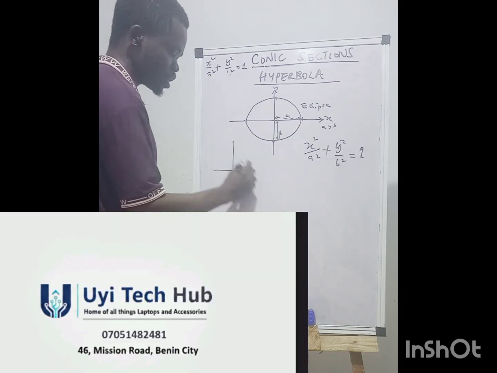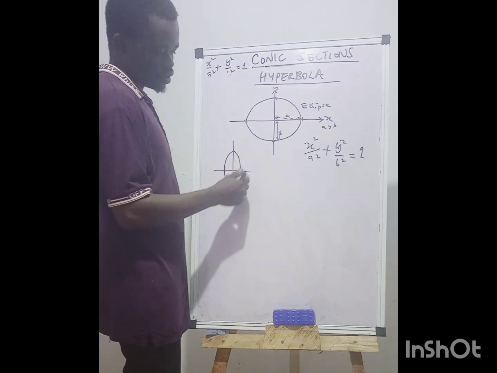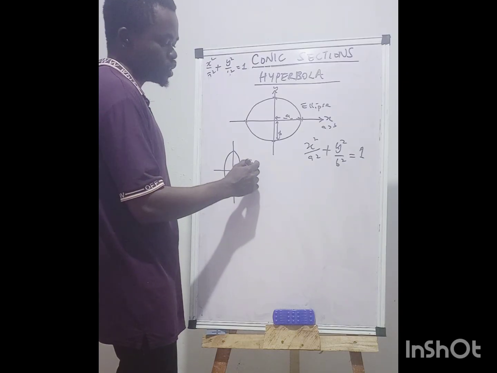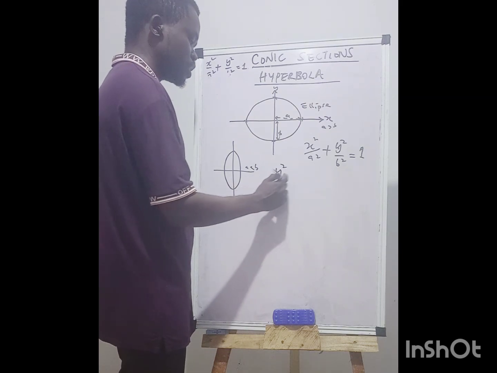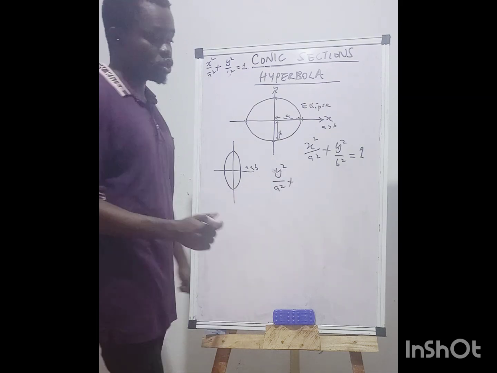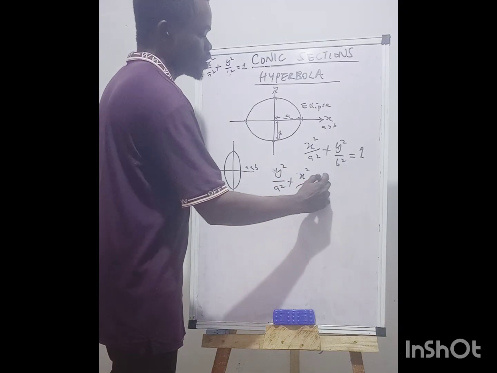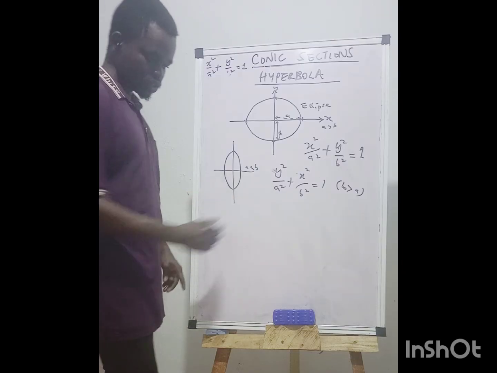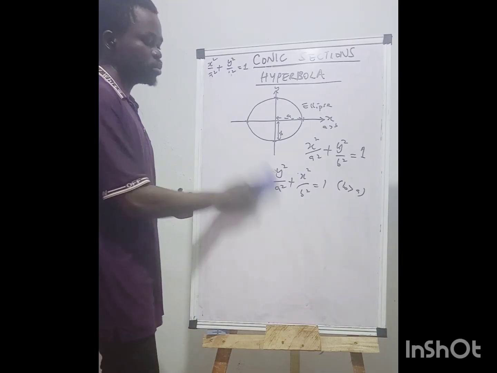If it was in the reverse, where b is greater than a, then y squared comes first over b squared, and x squared over a squared is equal to 1. Understanding that, we're now going to the hyperbola.